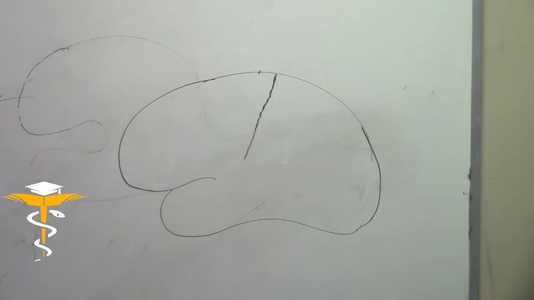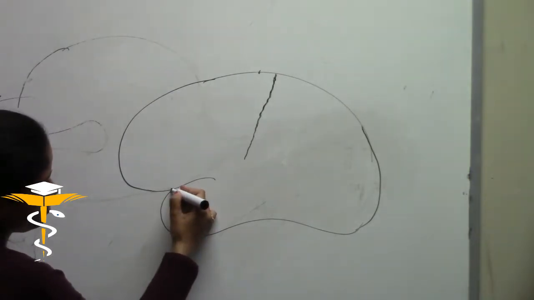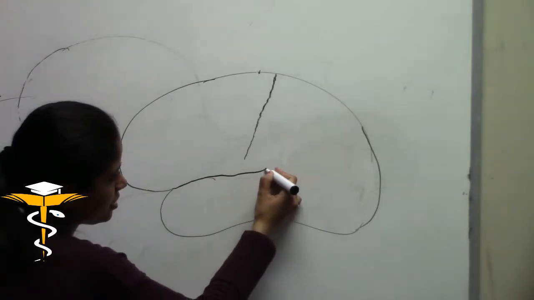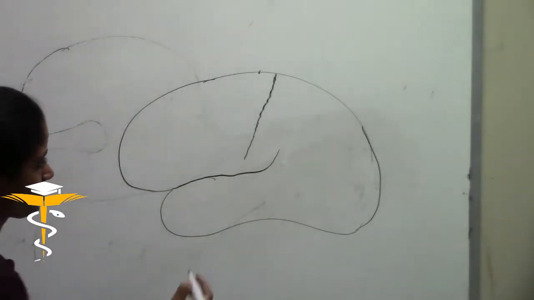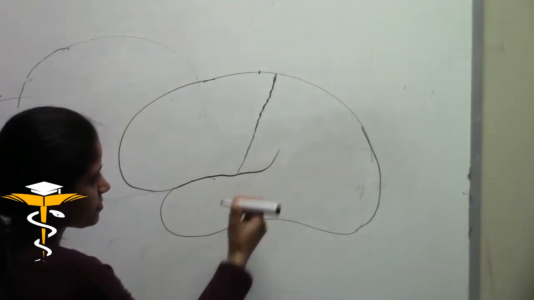The second sulcus which we will be discussing is the lateral sulcus. This sulcus starts from the temporal pole, runs backwards and upwards in this manner. So basically this central sulcus cuts the lateral sulcus in this way.